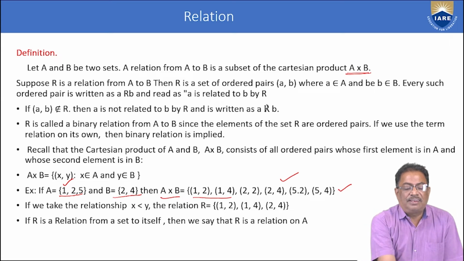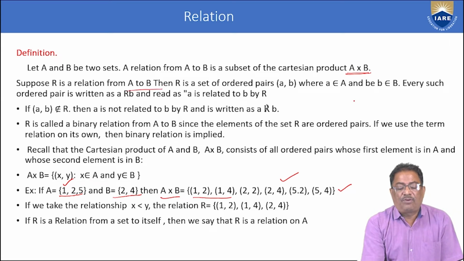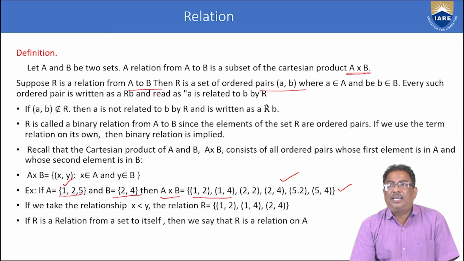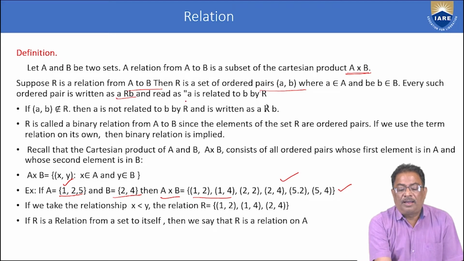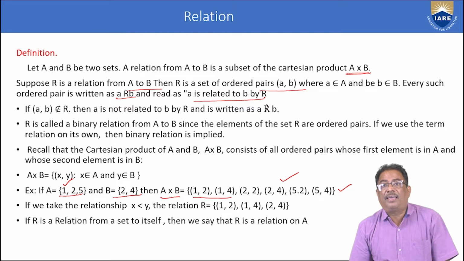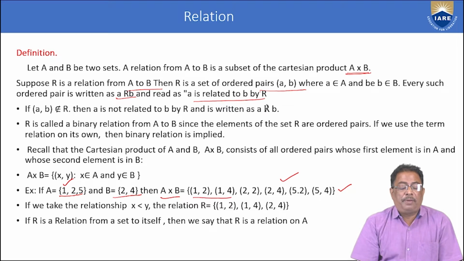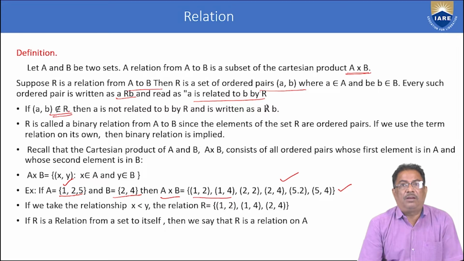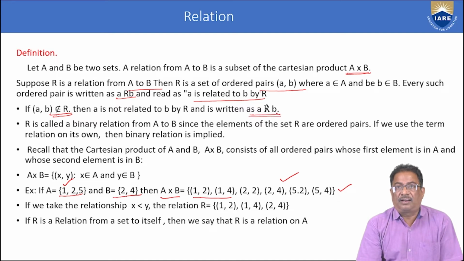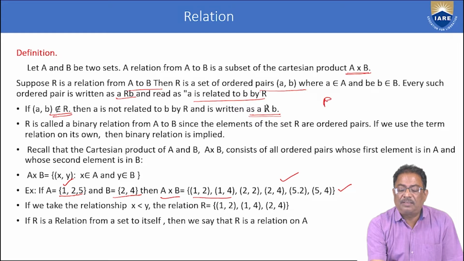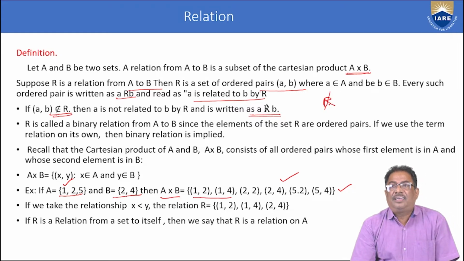Now, suppose R is a relation from A to B, then R is a set of ordered pairs (a, b), where a belongs to A, b belongs to B. Every such ordered pair is written as a R b and is read as a is related to b by R. If (a, b) does not belong to R, then we say that a is not related to b by R. We use a symbol for that.